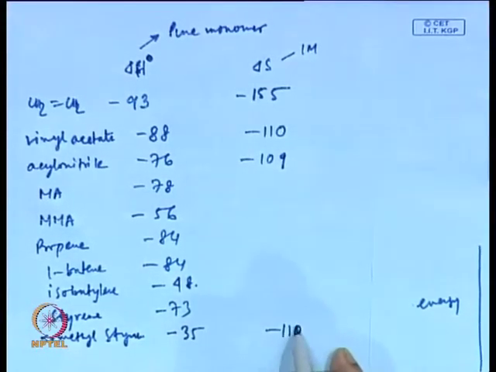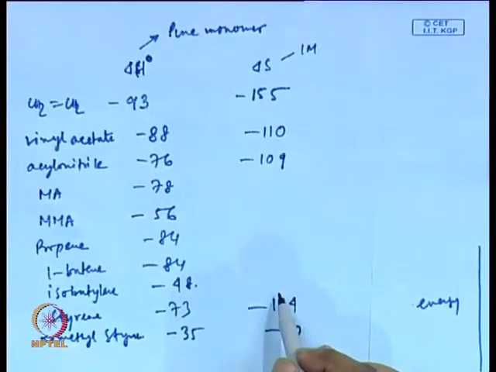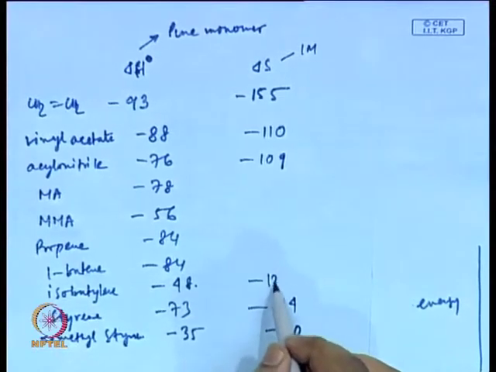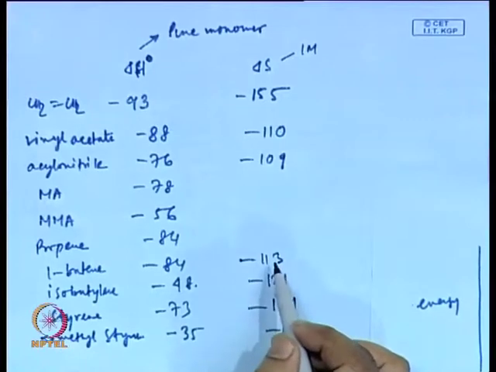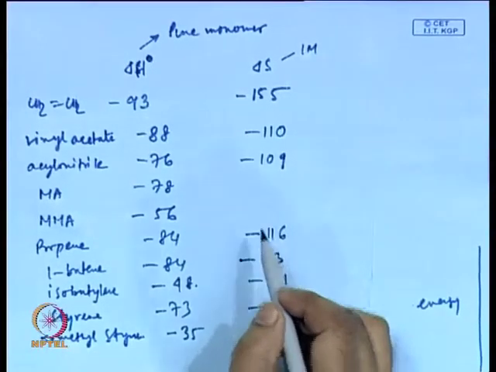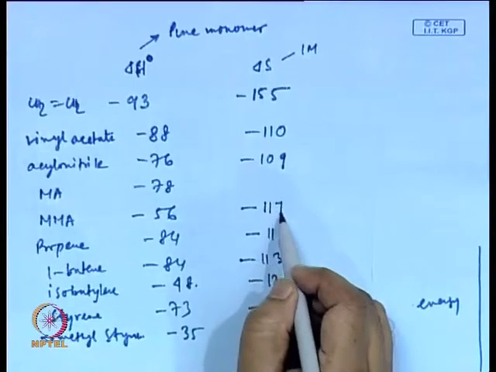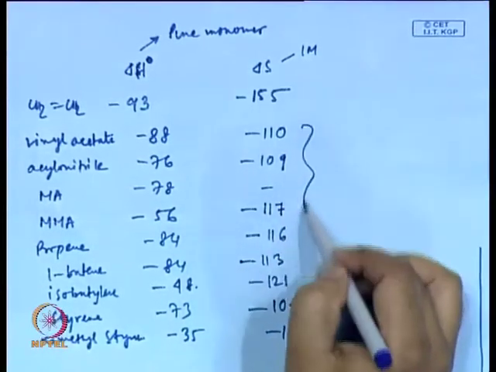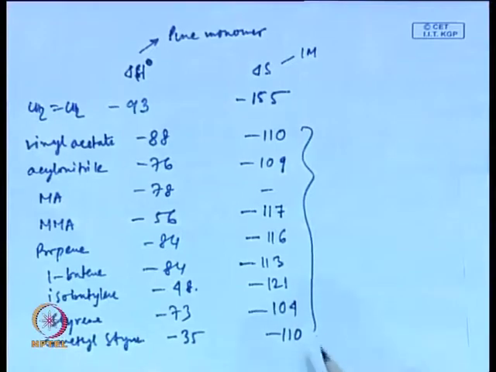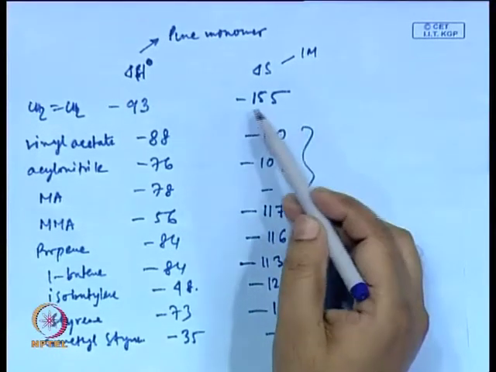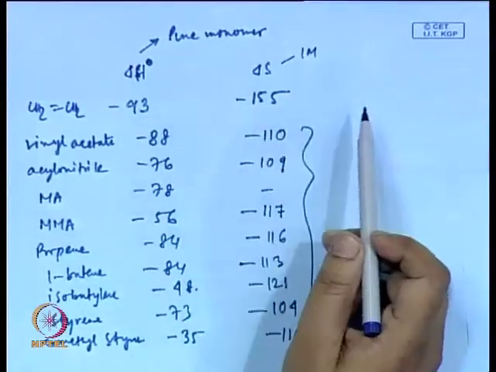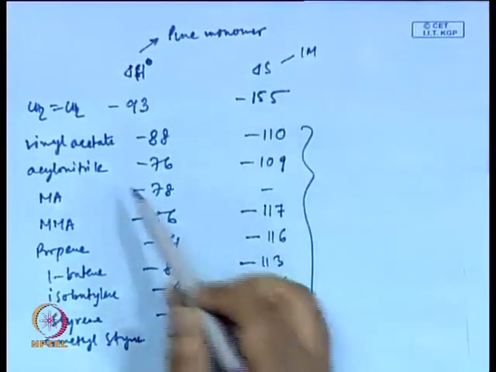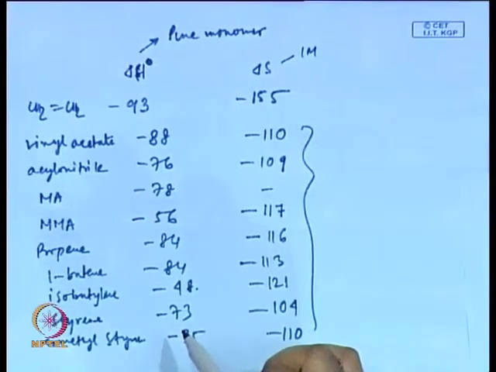This is minus 100, minus 104, 121, now you can see that these DelH values are more or less same. Now, as I said that it will definitely be higher, because you are talking about a gas phase reaction where gaseous molecules is converted to a solid, whereas this case is all liquid monomer you are talking about.